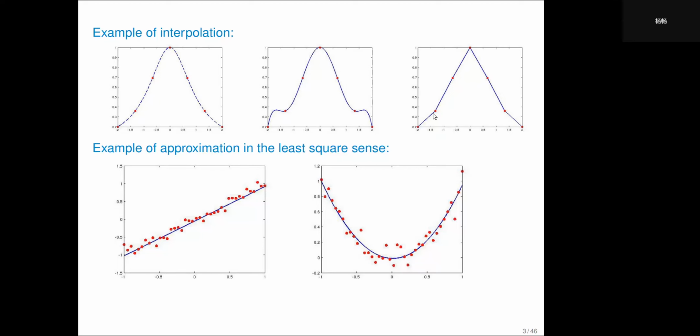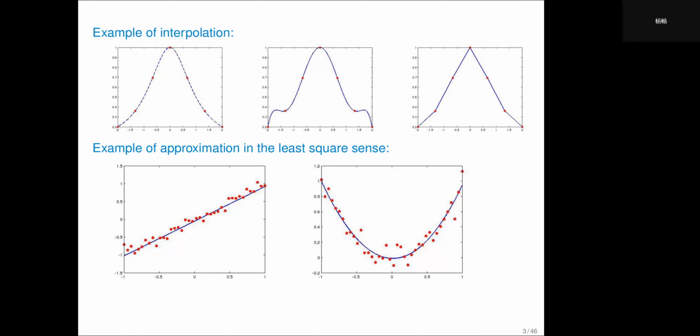This means that there are many ways to interpolate such points. Then how do we choose which one is the best? This is a question. We will answer it later.